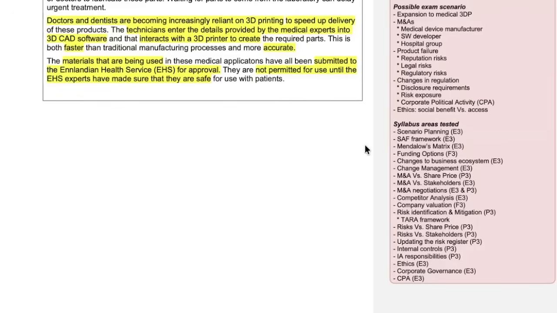Under suitability, you are supposed to look at whether a certain strategic option is aligned with the vision, mission, and values, as well as the current business model of our chosen company. Under acceptability, you are supposed to look at whether a certain strategic option is aligned with the main stakeholder needs of our company. And under feasibility, you are supposed to look at whether a certain strategic option is aligned with the financial as well as non-financial resources of your chosen company.